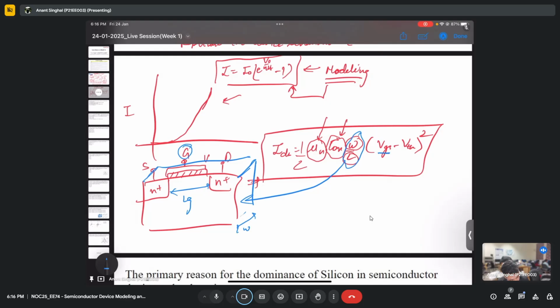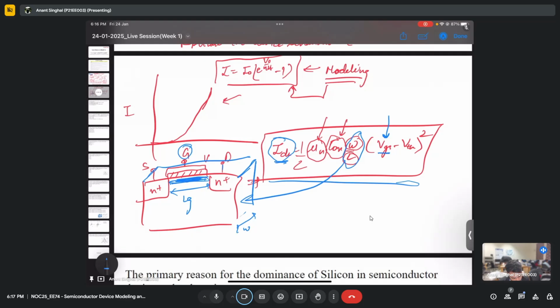We can apply a certain voltage to get a certain amount of current out of it, which is the drain to source current. There is drift and diffusion, and there is a thing called channel formation. Once the channel forms, a certain amount of current flows through it. So this is a very basic model for a MOSFET, let's say.